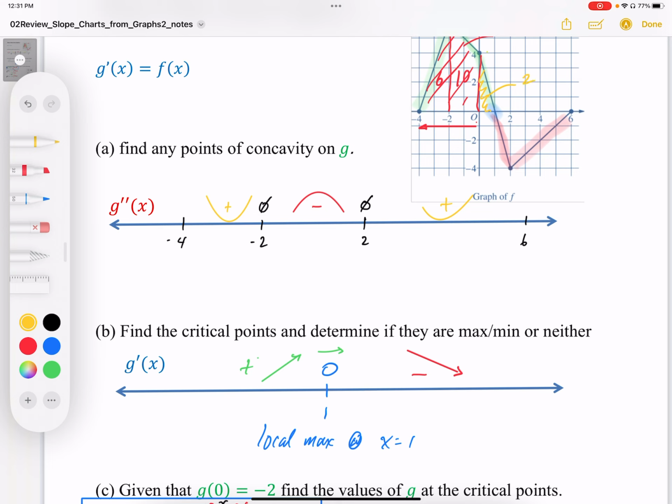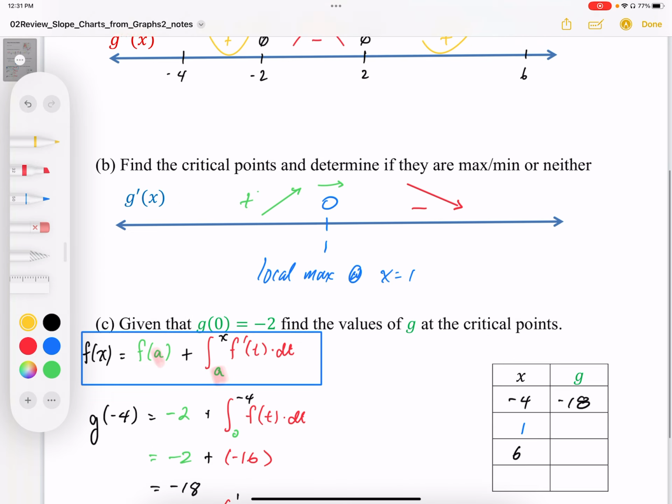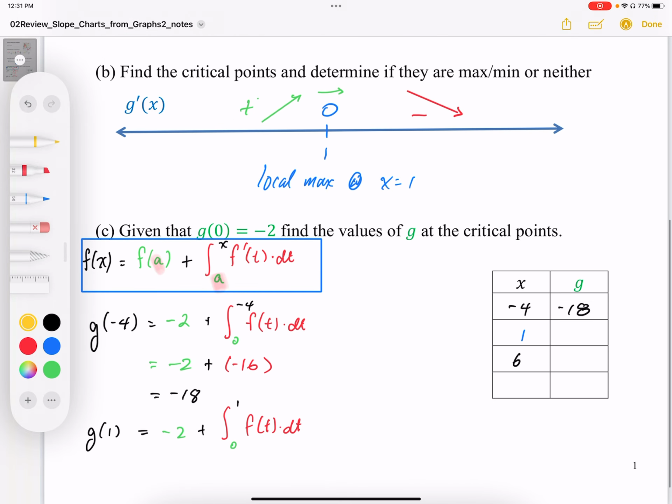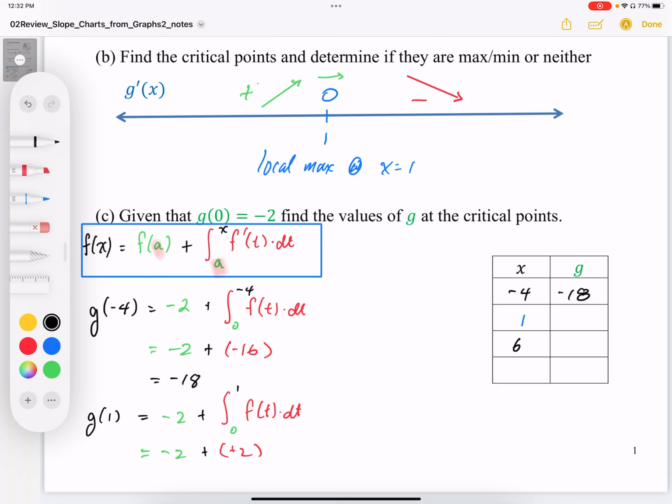Because we are integrating in the positive direction, that's going to be +2. So my coordinate is going to be equal to -2 plus the area of +2, and that gives me a y position of 0. So that's our local max. It's going to be at y equals 0.